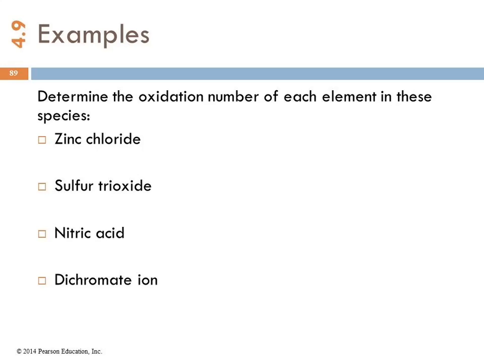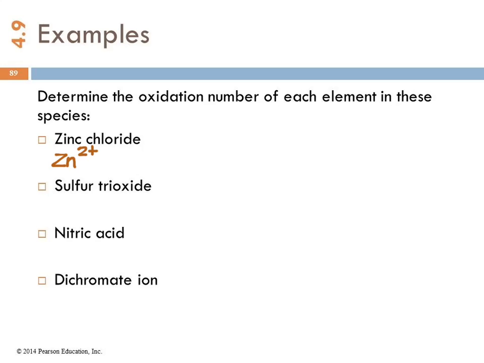Well, we really need the formulas. What kind of a compound is zinc chloride? Molecular, acid, or ionic? Ionic, because it's got a metal and a nonmetal. So zinc, when we do ionic compounds, we need to look at the charges of the ions. What charge does zinc ion have? +2.